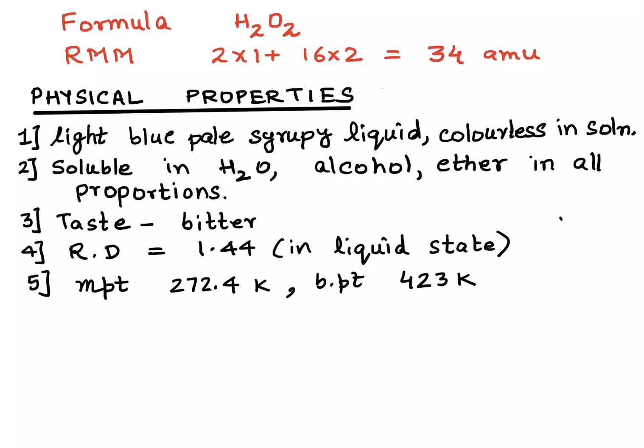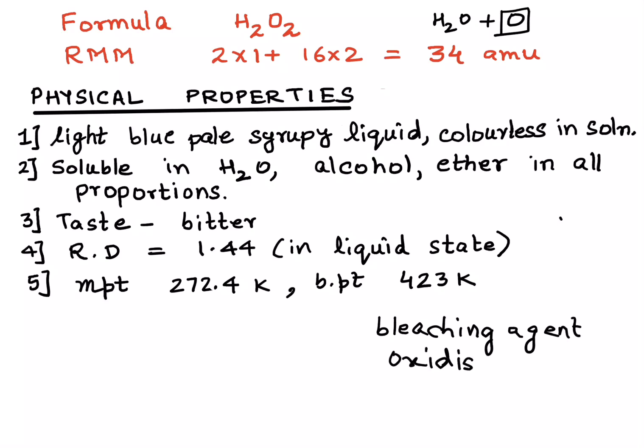So if you notice, it is a compound which has an extra oxygen. And it is this extra oxygen which makes it a very, very useful compound, because hydrogen peroxide acts as a bleaching agent, it acts as an oxidizing agent, and because of the extra oxygen, it is also used as a source of oxygen, hence used as a rocket fuel.